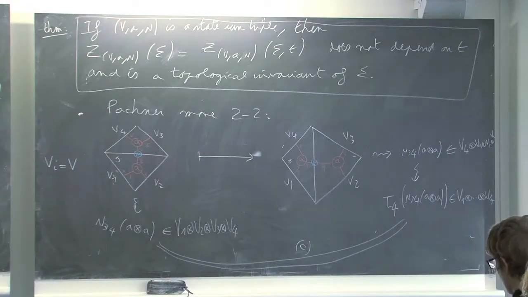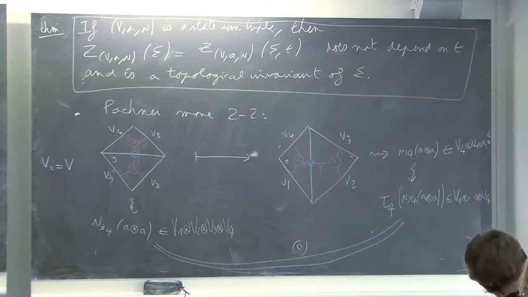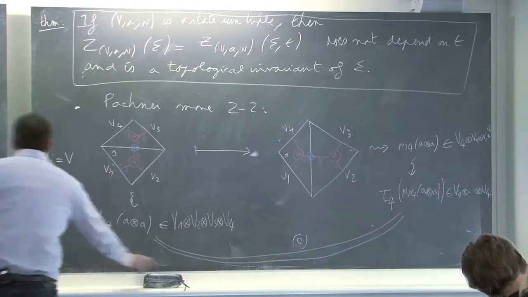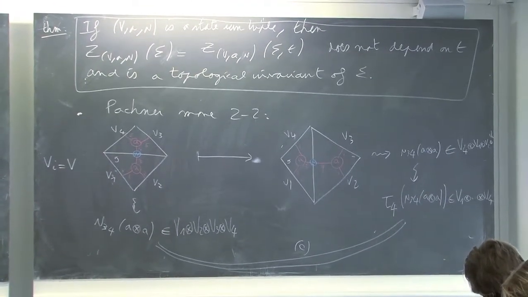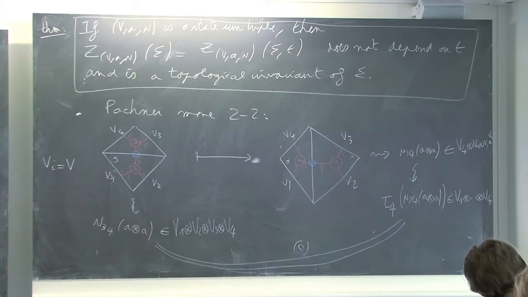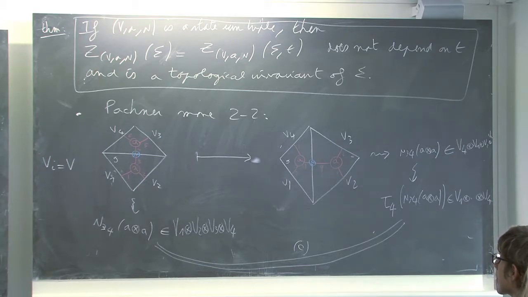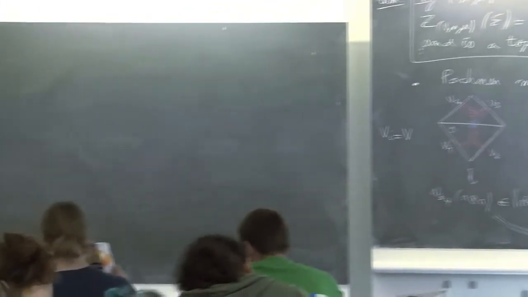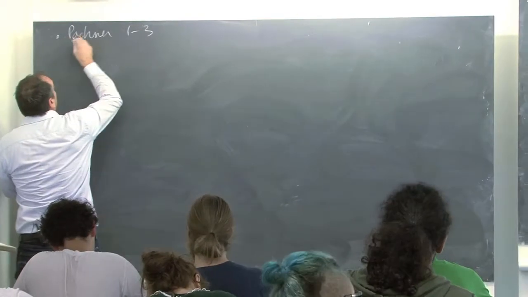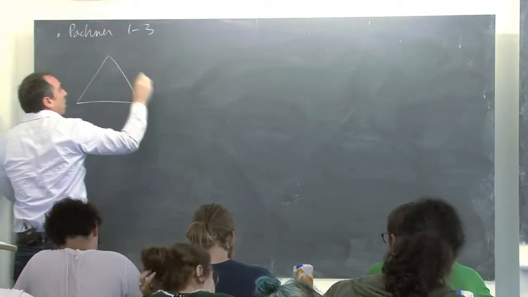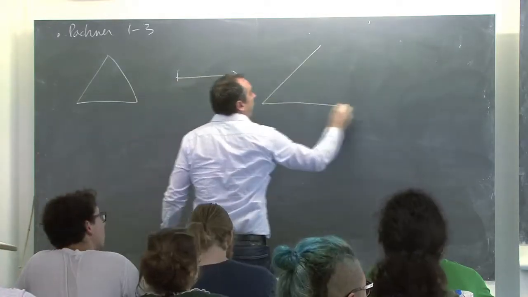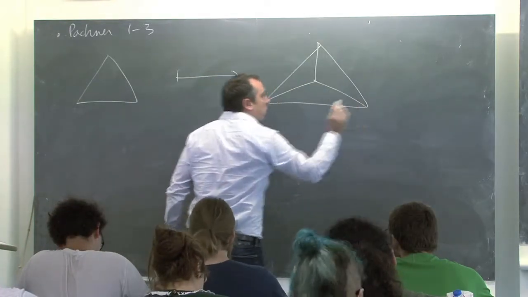Okay, and we do the same thing for the 1-3 Wagner move. So if I say Wagner 1-3, this is this move. I consider the bicentric subdivision of the triangle.